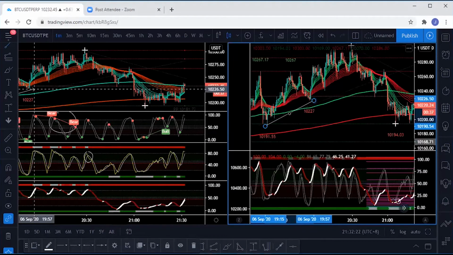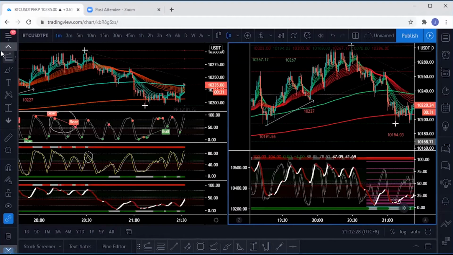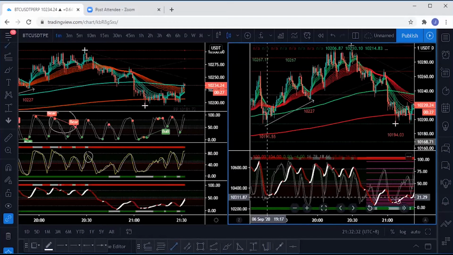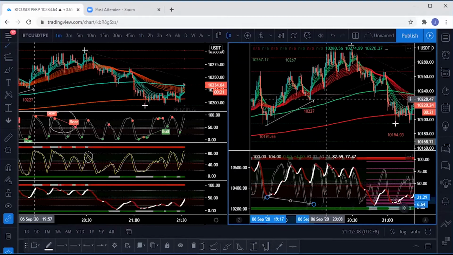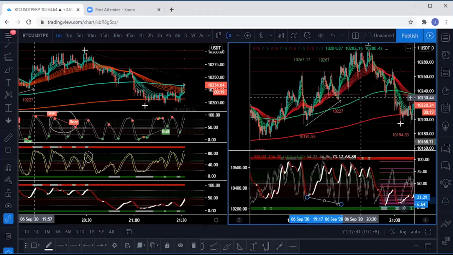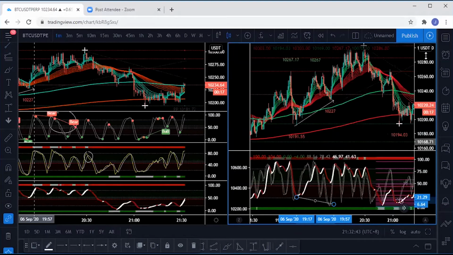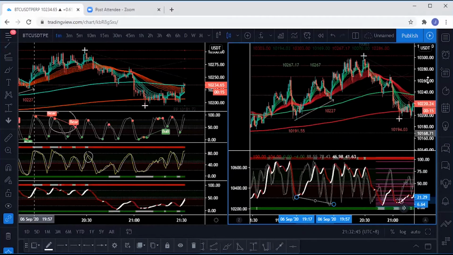This one, this is a divergence. Is that correct? Yes, that is a divergence. Mm-hmm. That is a bear div.